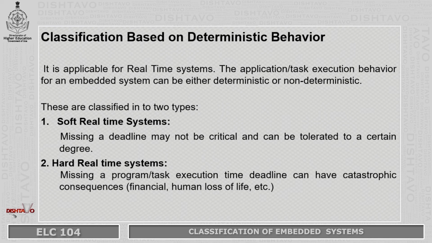And these are again classified into two types: the soft real-time systems, in which missing a deadline may not be very critical and can be tolerated up to a certain degree. The second type is hard real-time systems, where missing a program or task execution time deadline can have huge consequences like financial loss, human loss of life, etc.